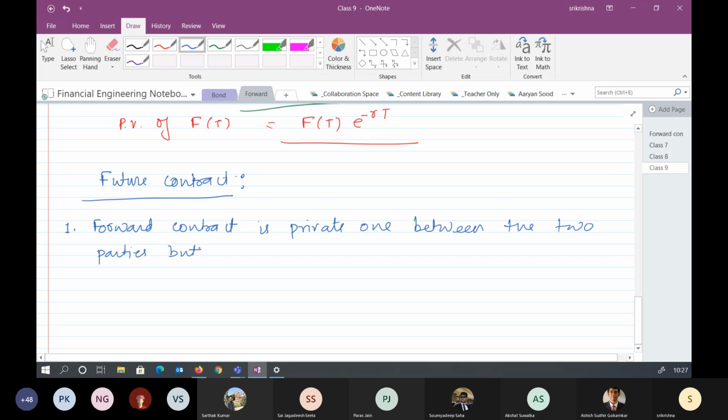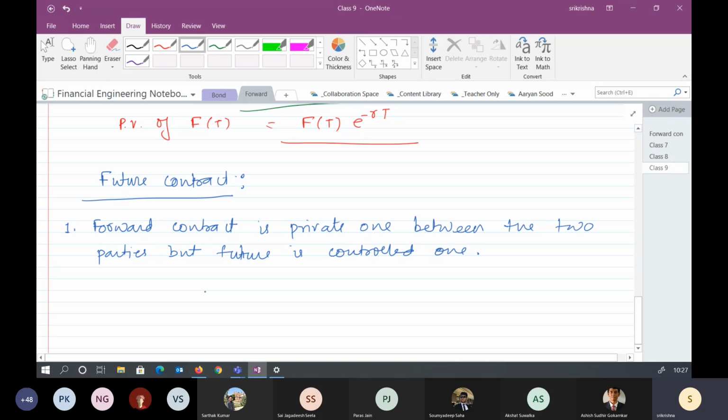But future is a controlled one. It means that there should be a regulatory body in between which is basically looking after this future contract.